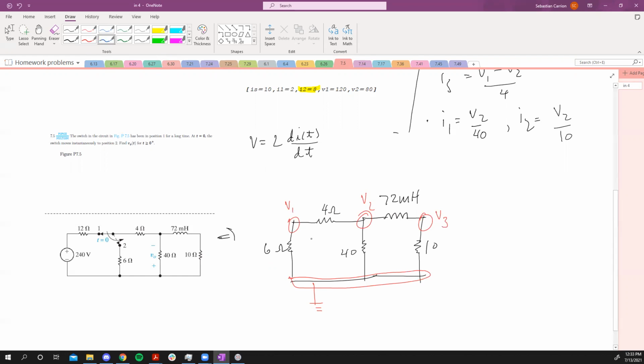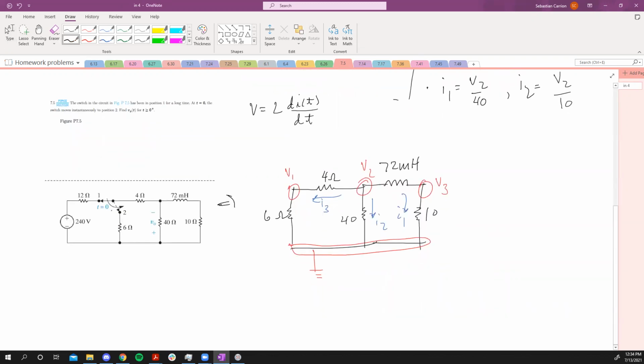Let me write our currents: I1, I2, I3. Okay, you can say KCL: I3 plus I2 plus I1 equals 0.